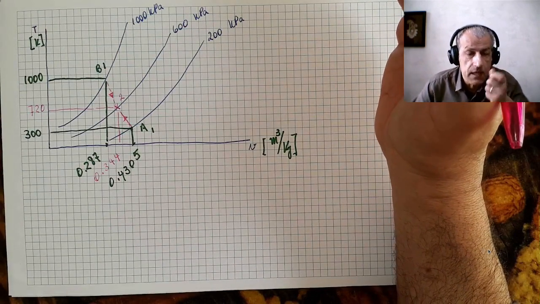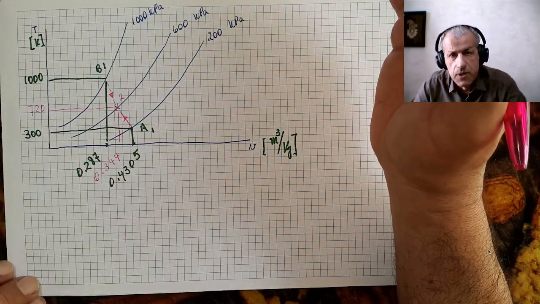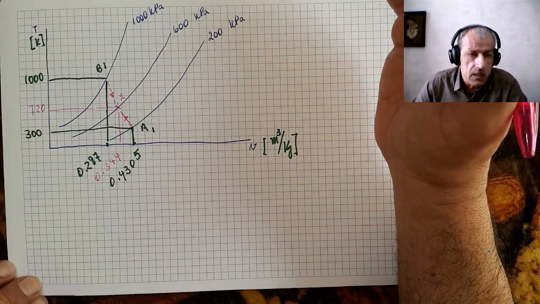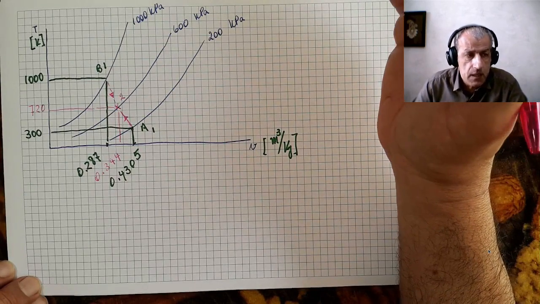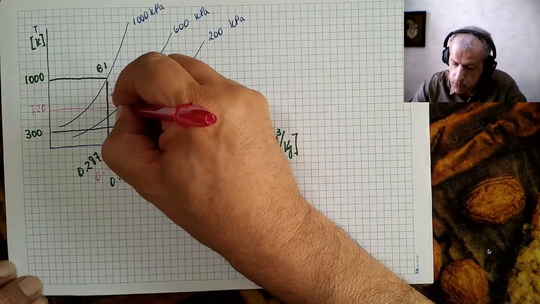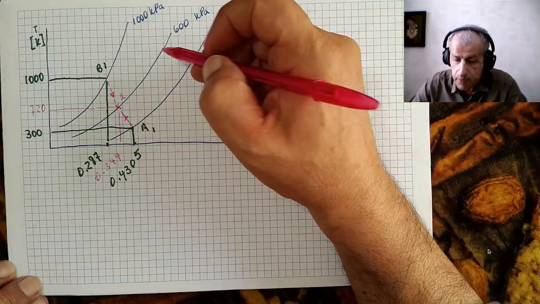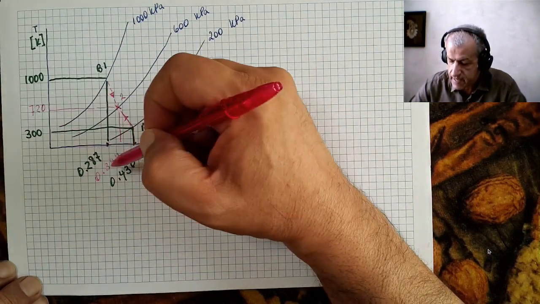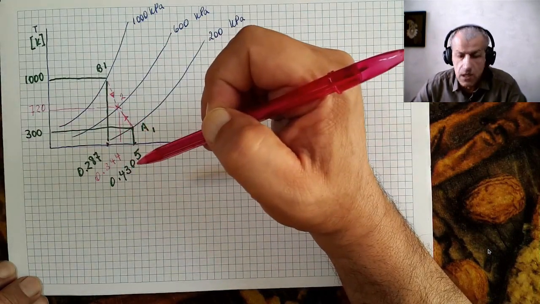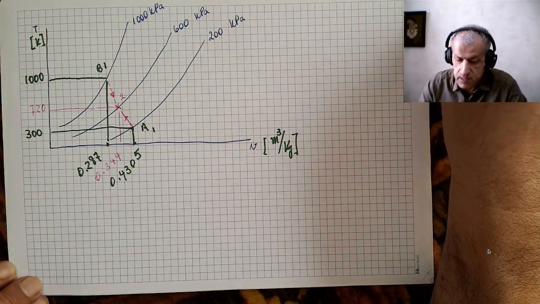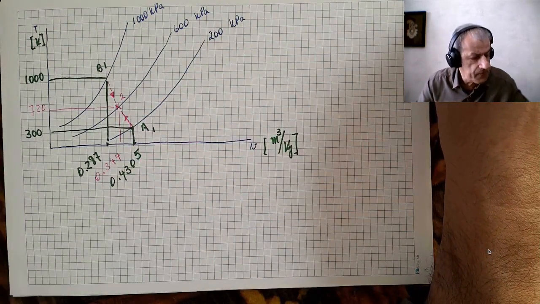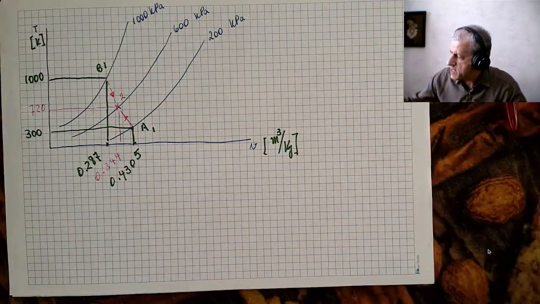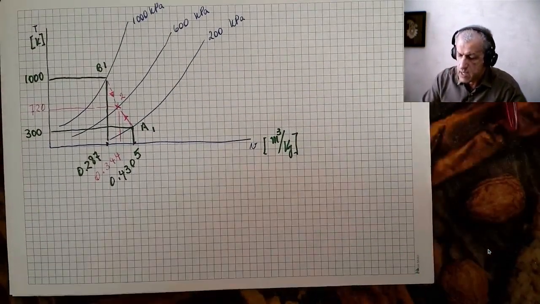None of the processes is semi-equilibrium. They were fast to start with and then gentle to end with, but still the final point that they come to equilibrium is point 2, where the pressure is 600 kilopascals, the temperature is 720 kelvins, and the specific volume is 0.344 cubic meters per kilogram.